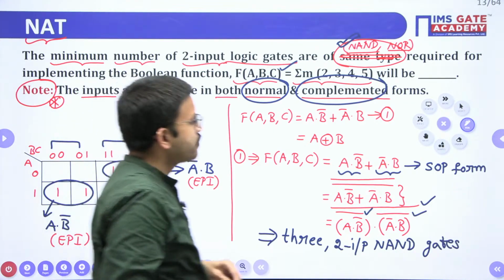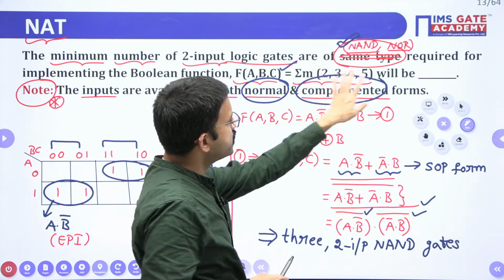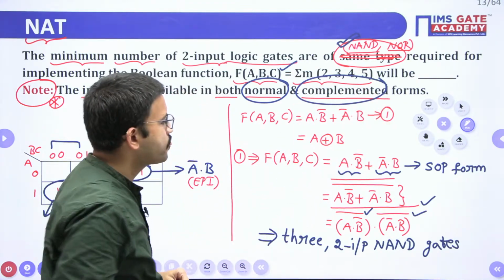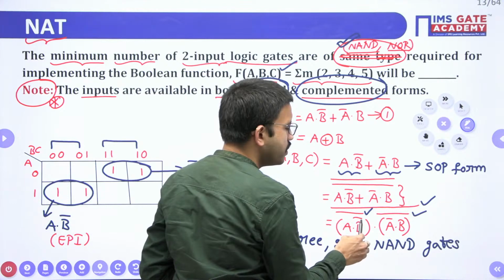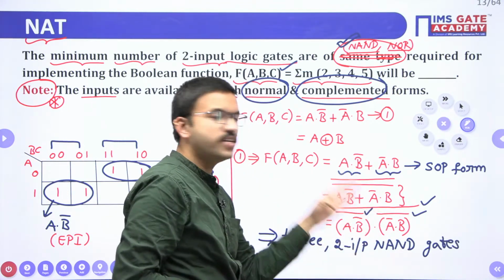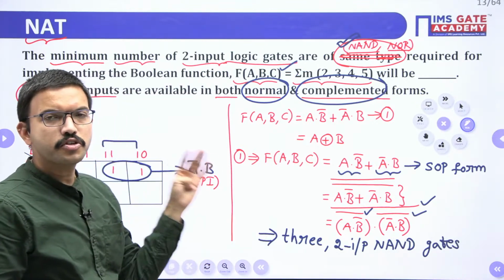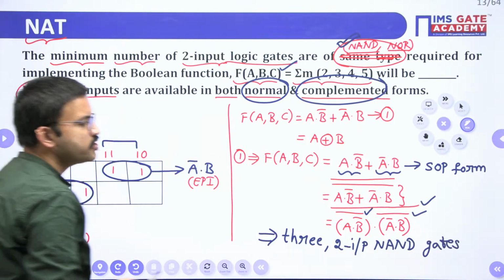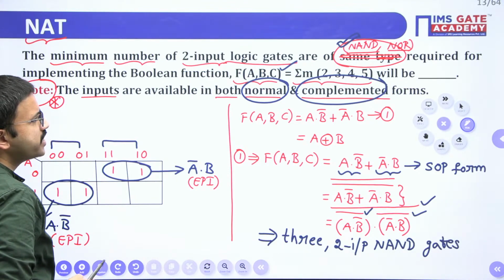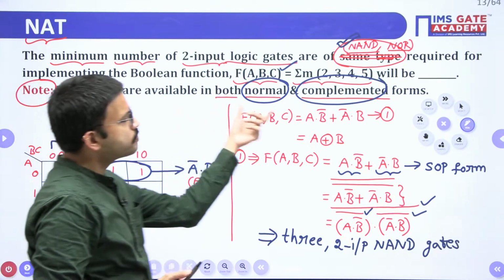See, my question is, if they do not mention that the complement form of the variable is available, in that case, you have to generate this B bar also. So that means 3 plus 1, 4. You require 4 2-input NAND gates if only the normal inputs are available.